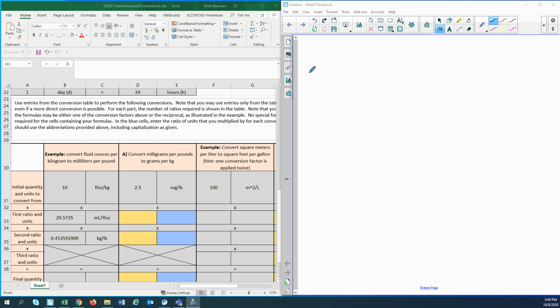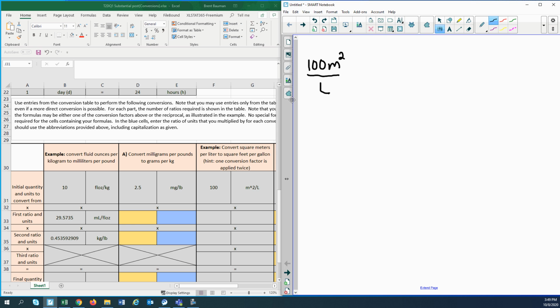So we're given 100 square meters, or meters squared, over liters. And our goal is to get all the way to square feet per gallon.